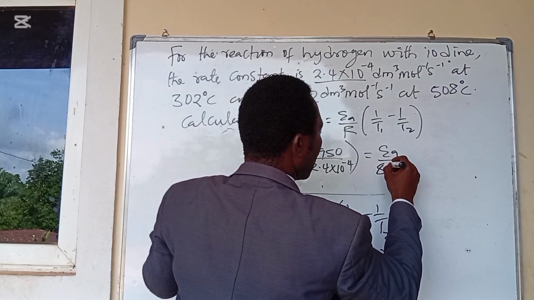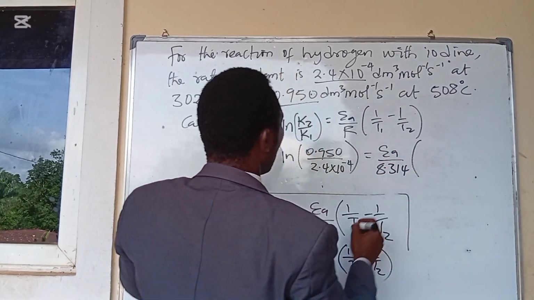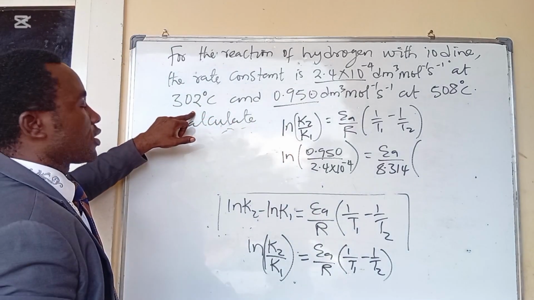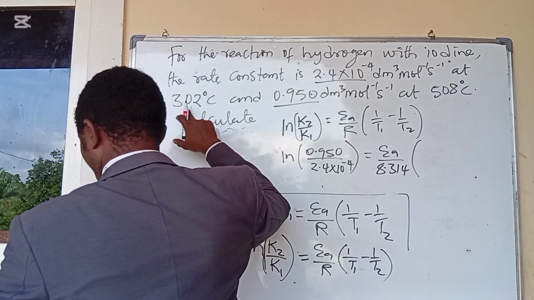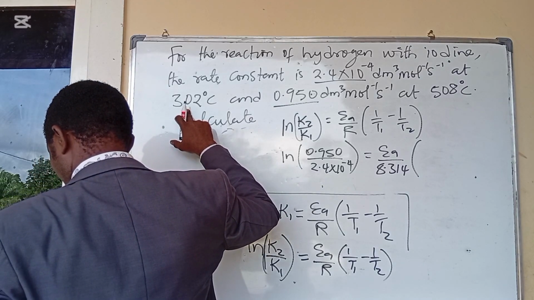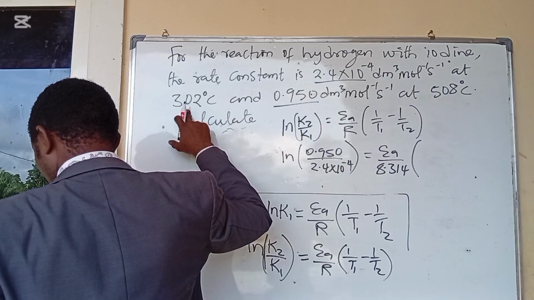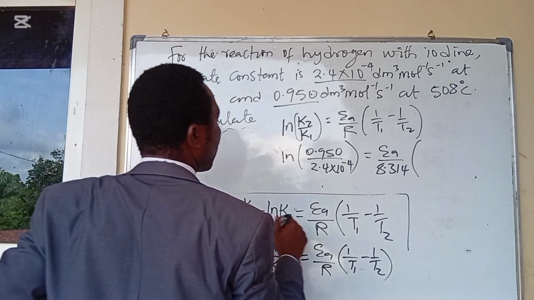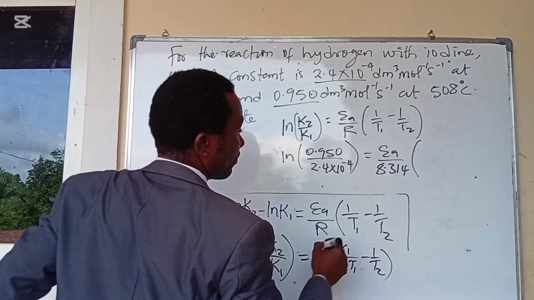The molar gas constant is 8.314. Then temperature 1 is 302, and we add 273 to it, which gives us 575.